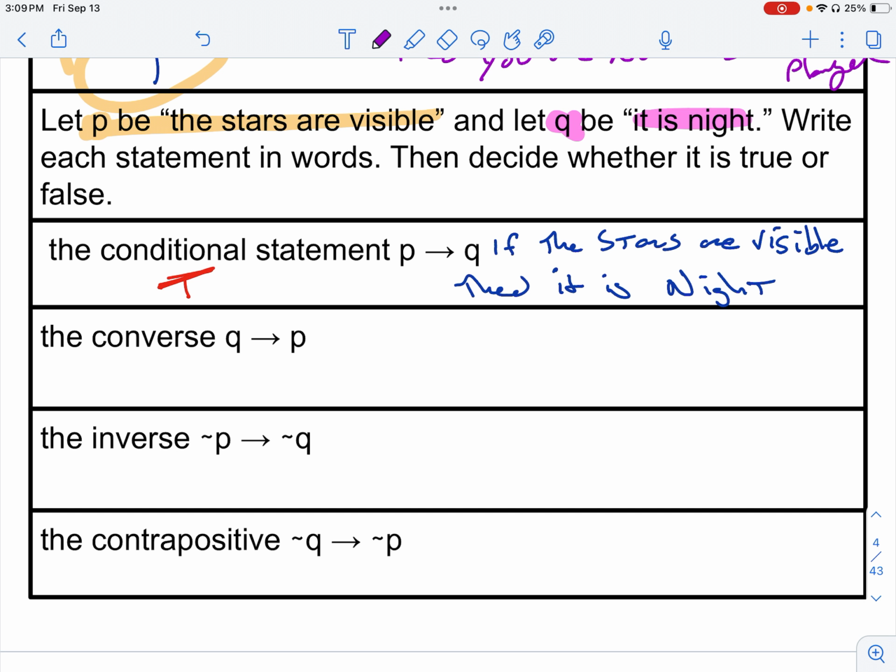So that's going to be true. Let's look at the converse, because we're reversing our P and our Q. So if it is night, then the stars are visible.